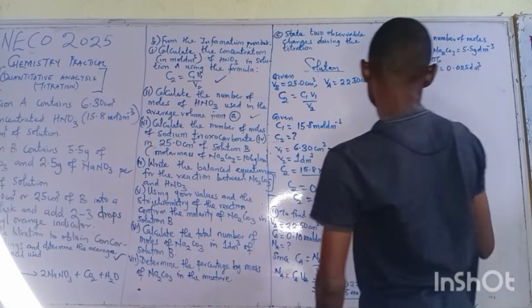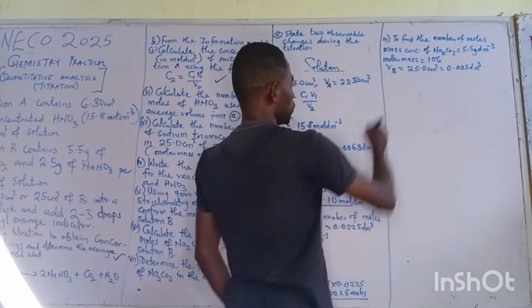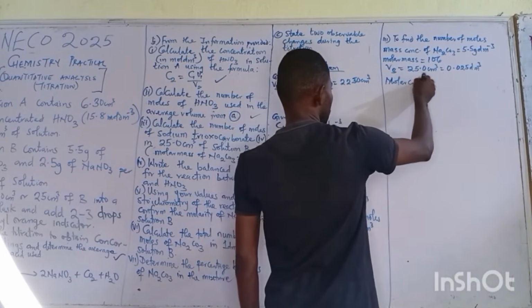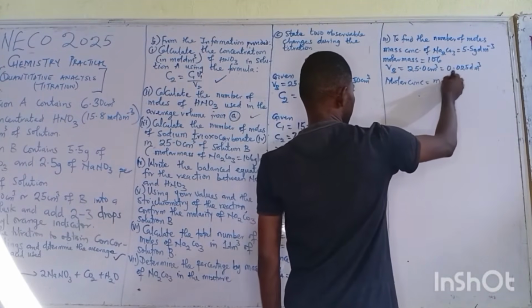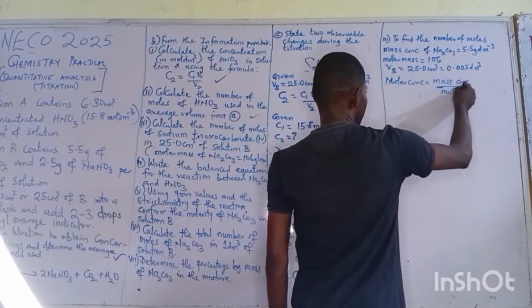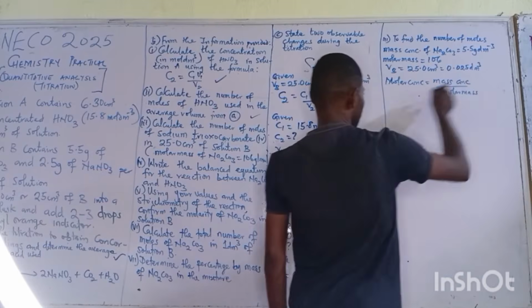Now our mission is to find the mole. Before we go there, let us record that molar concentration is equal to mass concentration over molar mass. I want to be fast because of the video.